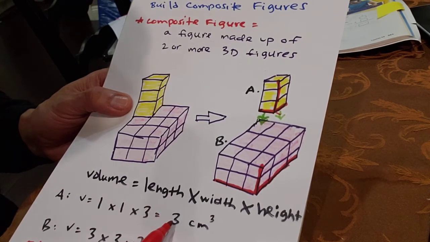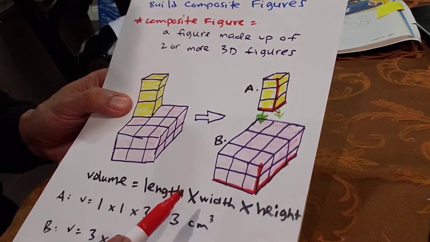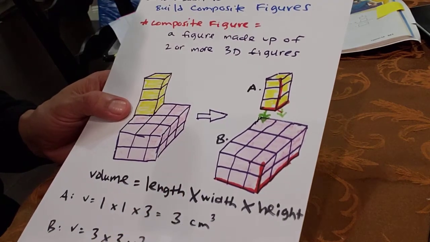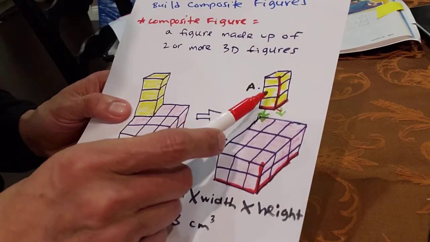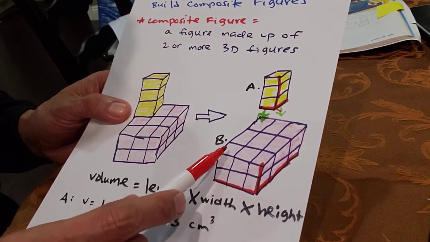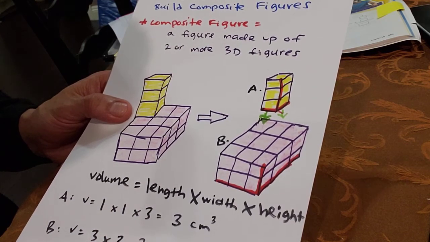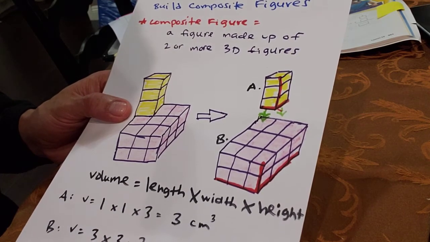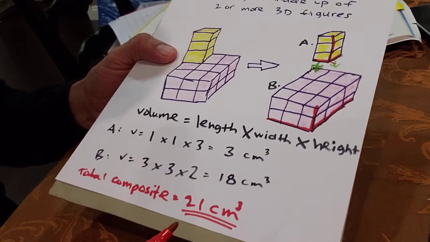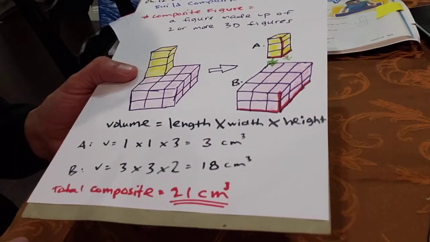So we're basically looking at 3 cubes, 3 cubic centimeters. Now when you add up the 3 cubes on figure A plus the 18 cubes on figure B, we get a composite total of 21 cubic centimeters. And that's what we can consider the composite volume.